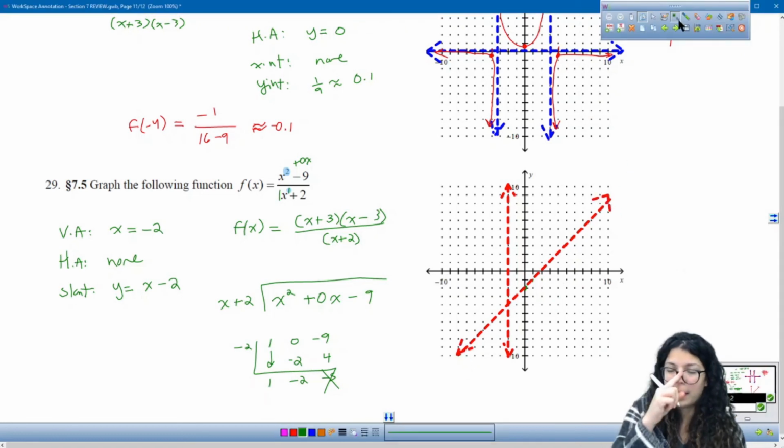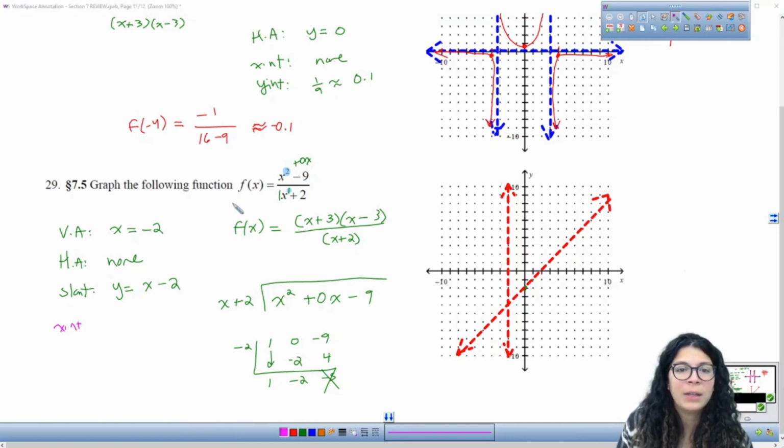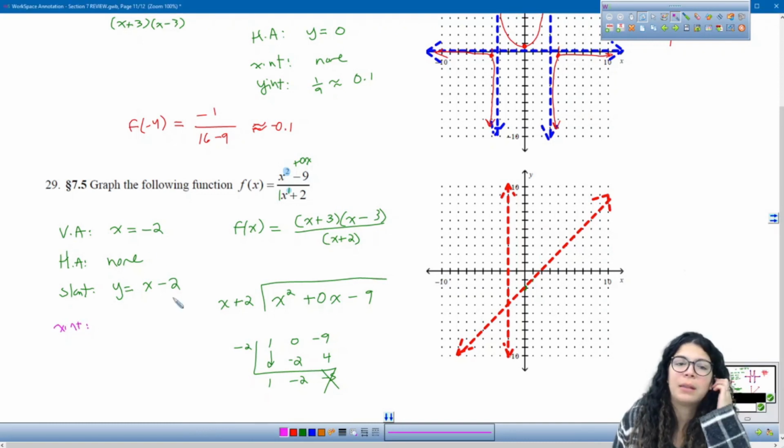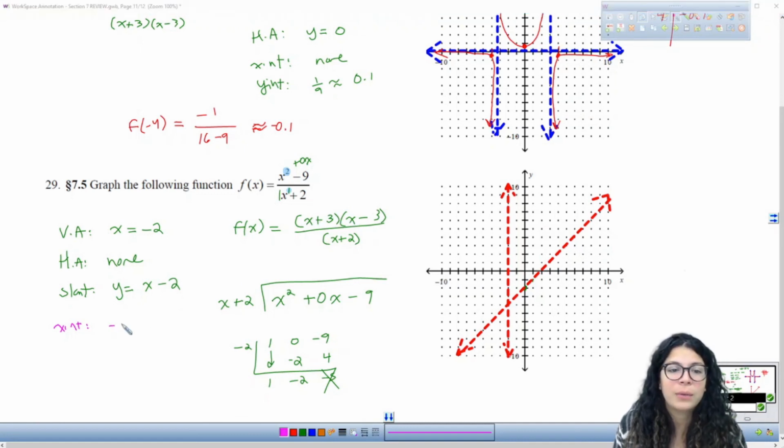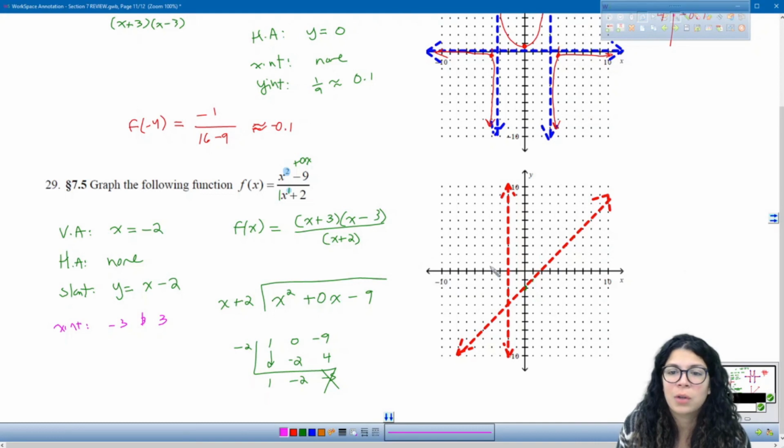And then I'm going to go ahead and find my x and y intercepts. That'll tell me which pieces I need to graph. So for my x-intercept, I'm going to set the y value to equal 0. Remember, that's just what's going to make the numerator 0. So the numerator will be 0 at negative 3 and at positive 3. So those are our two x-intercepts, negative 3 and positive 3.